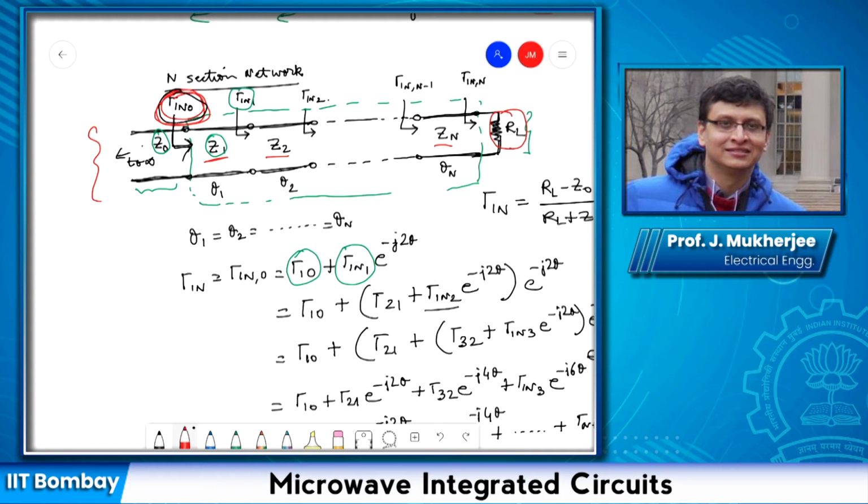And using these prototype functions, we can obtain the values of these z's, z1, z2 up to zn. If I take the binomial prototype function, I will get one set of values for z's, and if I take the Chebyshev prototype function, I will get another set of values for the characteristic impedance. So that we will discuss in the next part.